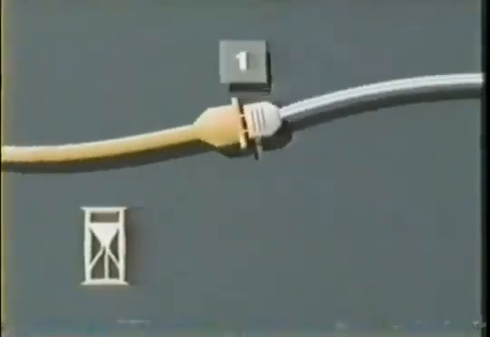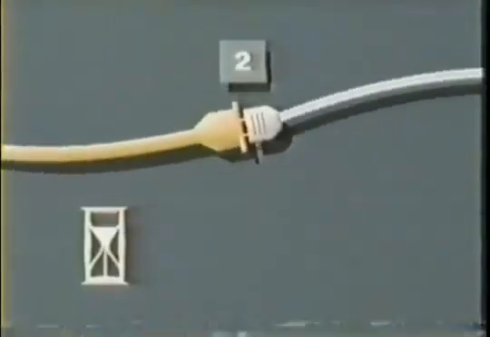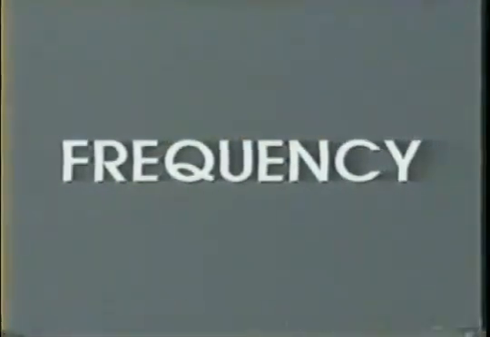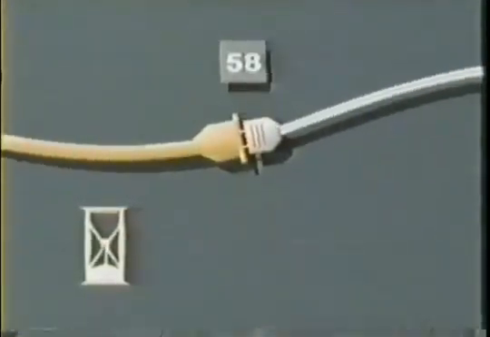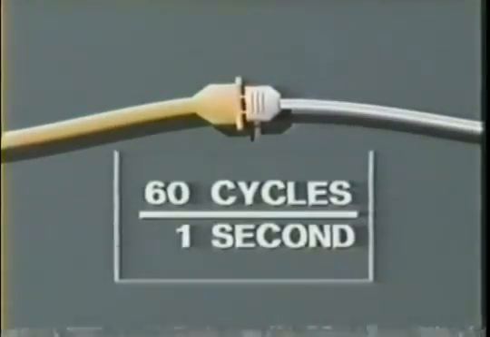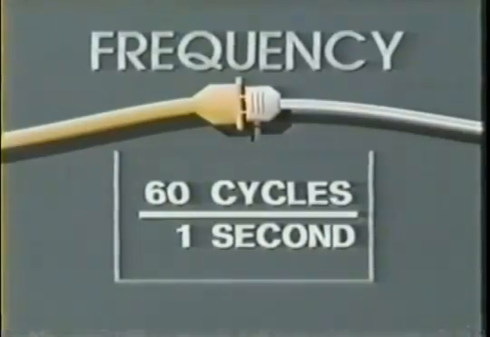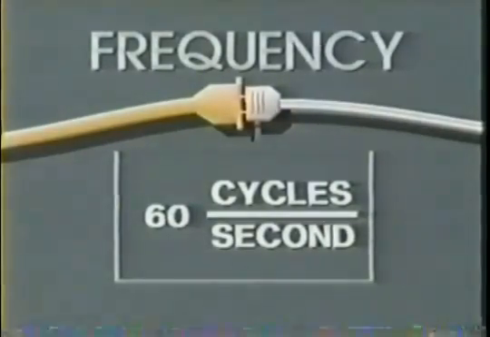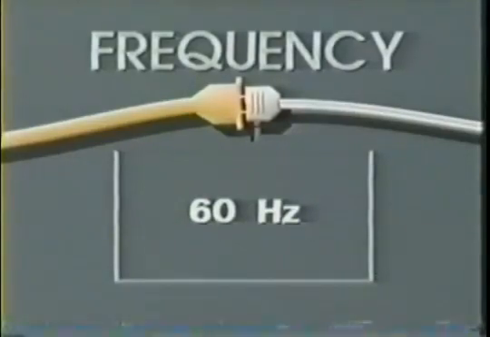Now is a good time to define frequency. The frequency is the number of cycles per unit time. In the case of the electricity wave, 60 cycles were packed into 1 second. And indeed, that's the frequency, 60 cycles per second, or 60 hertz.